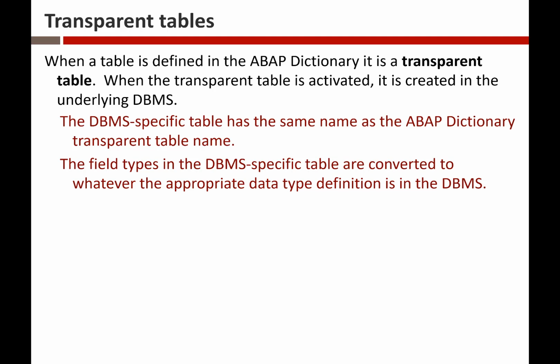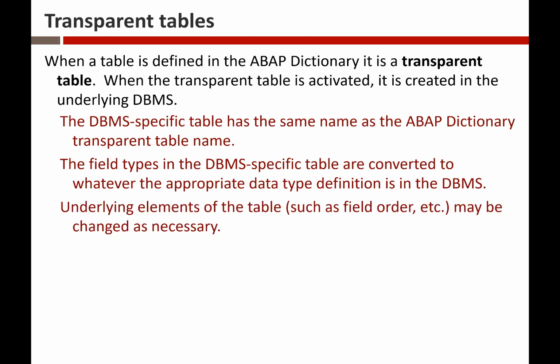So the application layer is going to go down to the database layer and create a type for this field based on whatever the best type is for whatever database system this is, because this could be an Oracle system, an IBM system, or any number of different database systems. The activation process translates what we have defined in the ABAP dictionary into the appropriate database vendor specific specification when the table is created.